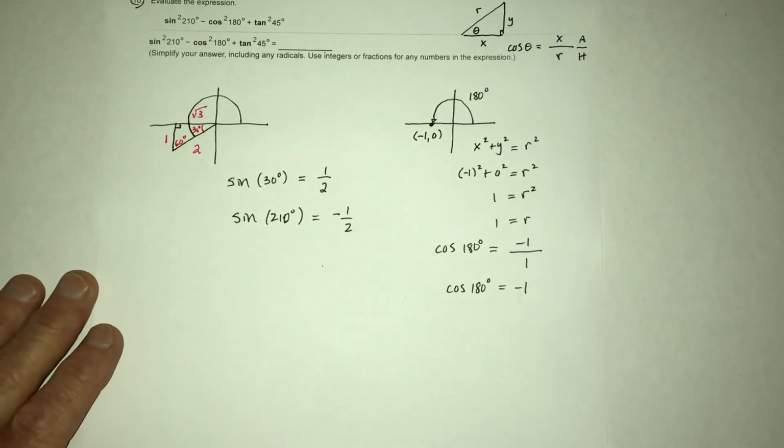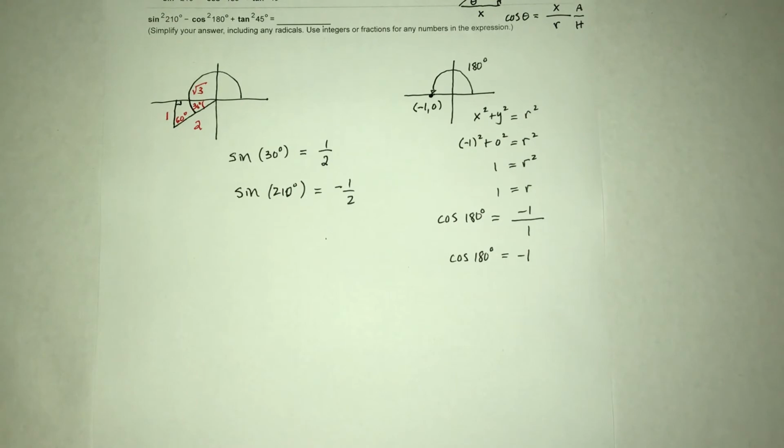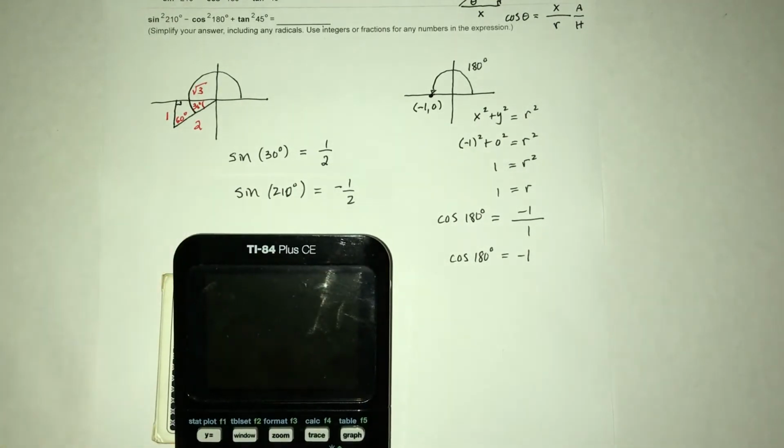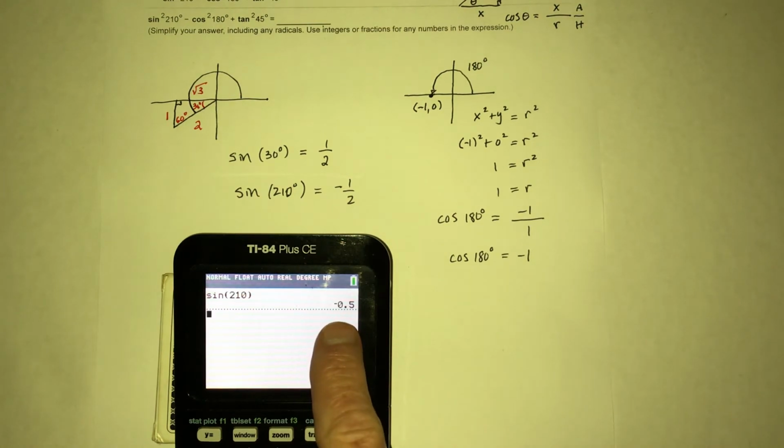Now, I said I wasn't going to use a calculator, but I just want to see if I'm doing these right. So I'm not done yet, but I just want to check. So sine, oh, you could see I just did it as practice right before you got here. So sine of 210 degrees, that's negative a half.